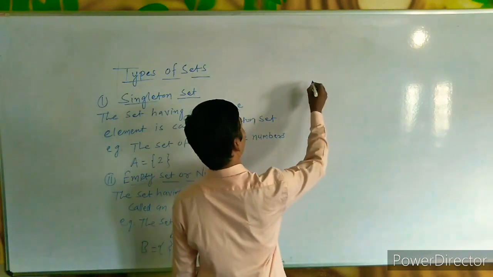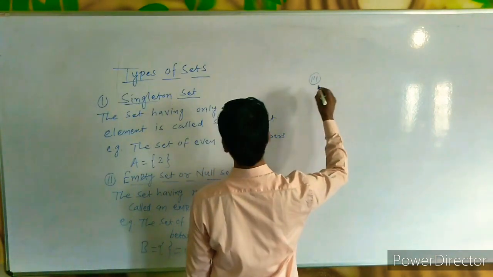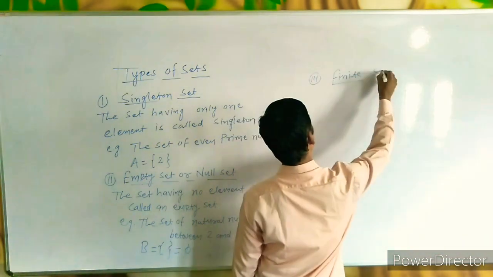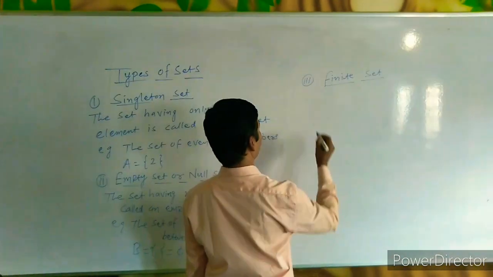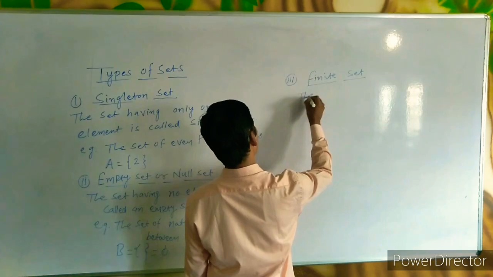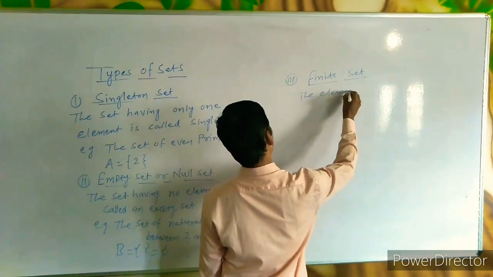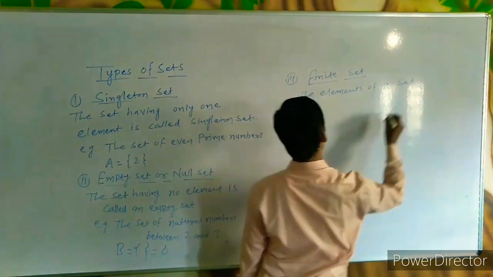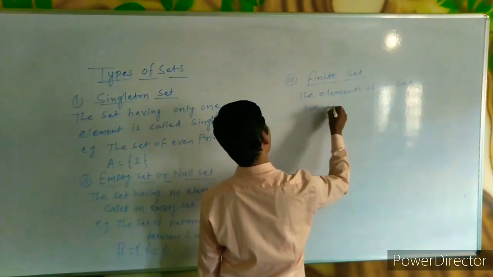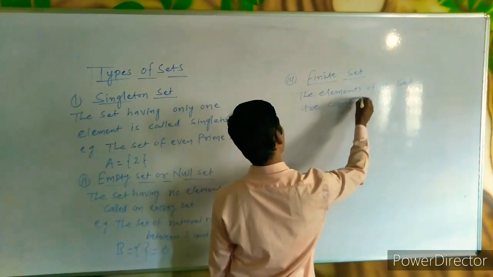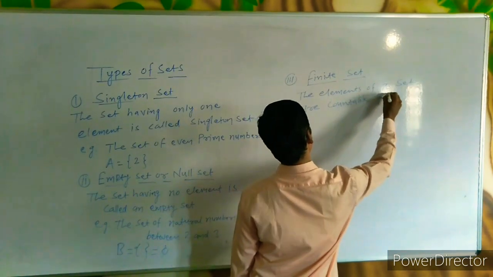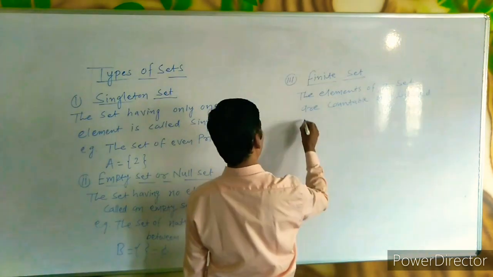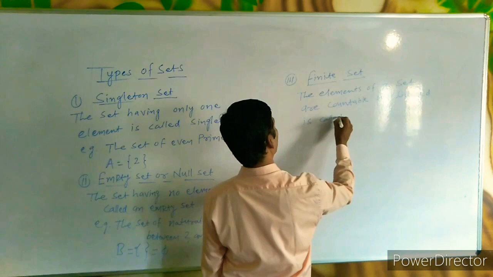Next type, finite set. The elements of a set are countable and limited is called finite set.